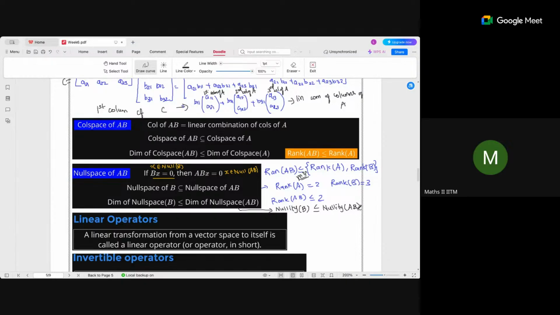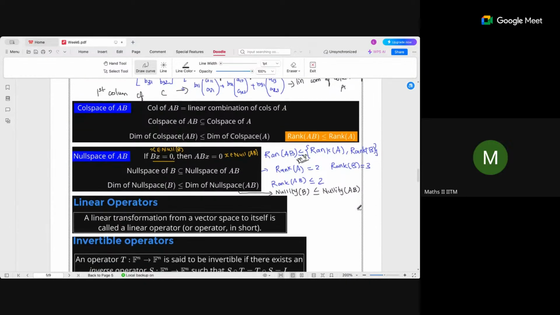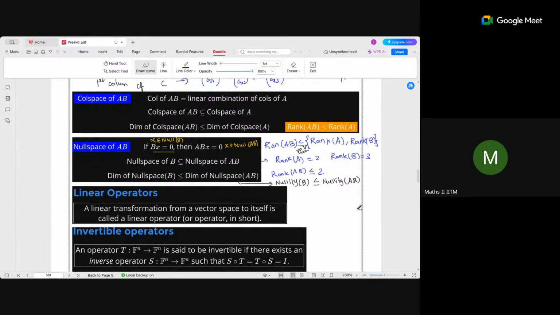Okay, fine. So next we are going to look at inverses. Before moving to inverses, in general for matrices, when do we talk about inverses? Can we talk about inverses for square matrices or rectangular matrices? Only for square matrices, right?